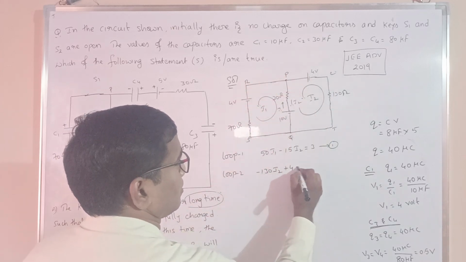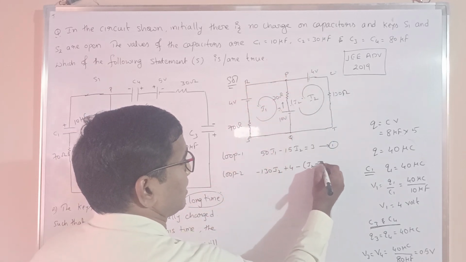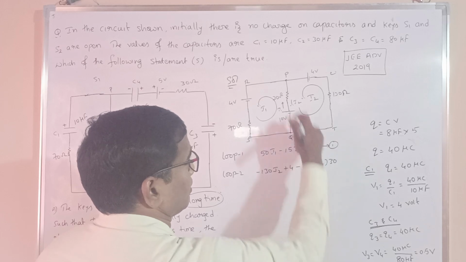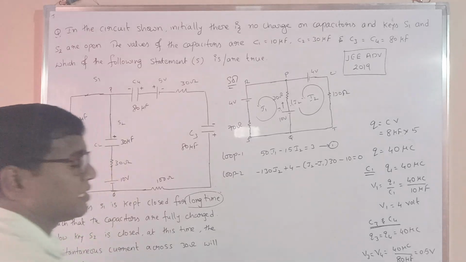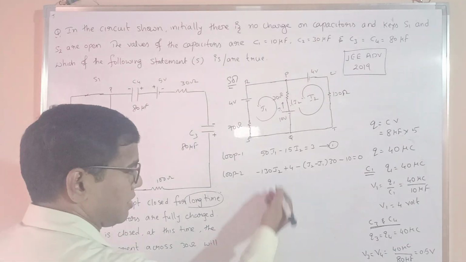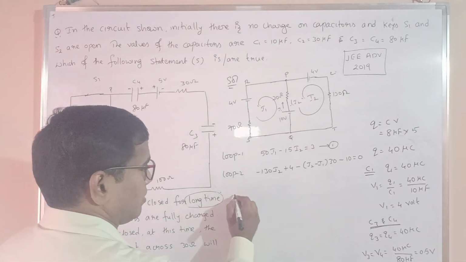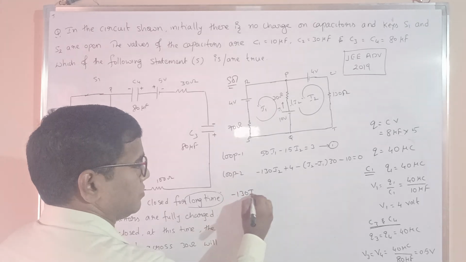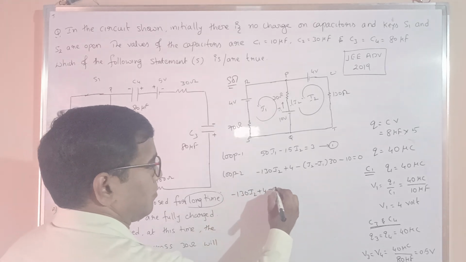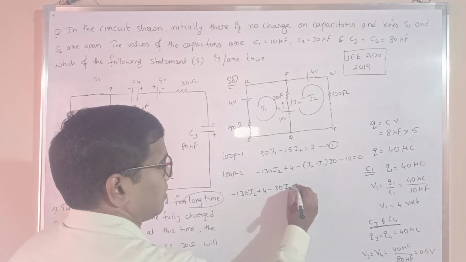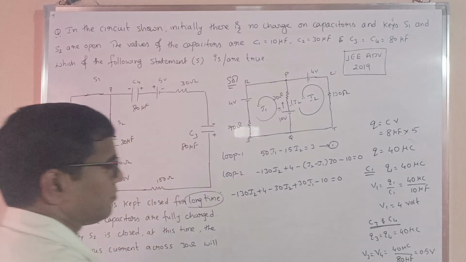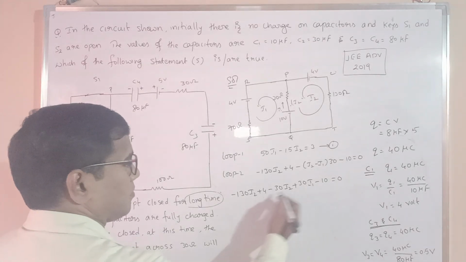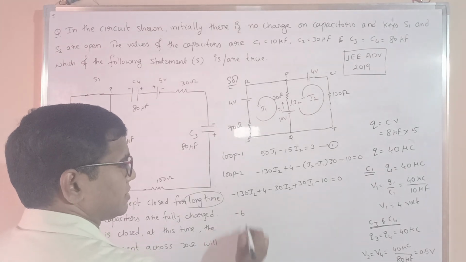In this direction, minus (I2 minus I1) into 30, minus 10 is equal to 0. Again, I have to simplify this equation. So minus 130 I2 plus 4 minus 30 I2 plus 30 I1 minus 10 is equal to 0. Here minus 10 plus 4, so here it will be minus 6.